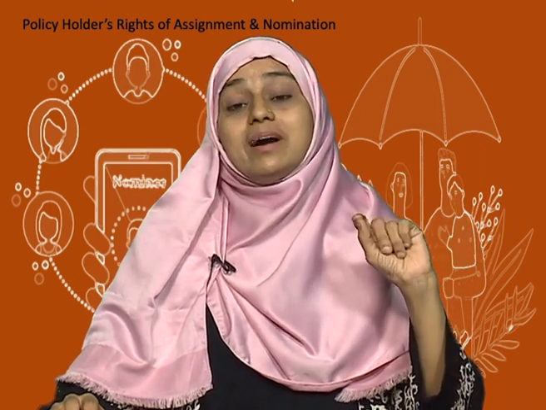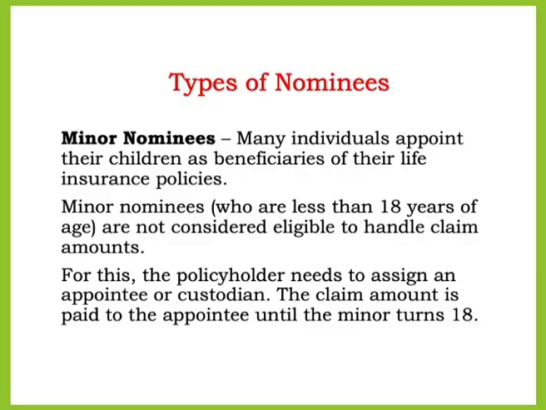Sometimes a policyholder may appoint children as beneficiary of their life insurance policy. Such children will be called minor nominees. Nominees who are less than the age of 18 years are not considered eligible by law to handle any claims. Children below the age of 18 are called minors, and as minors they are not competent to contract as per the Indian Contract Act also.